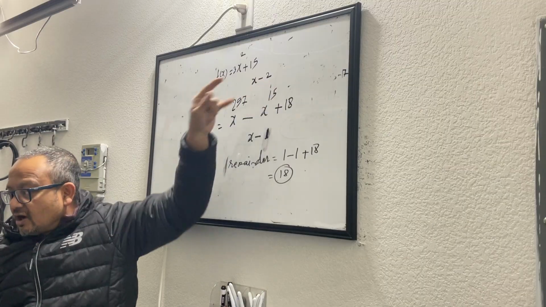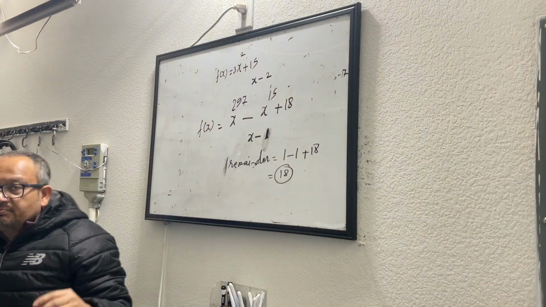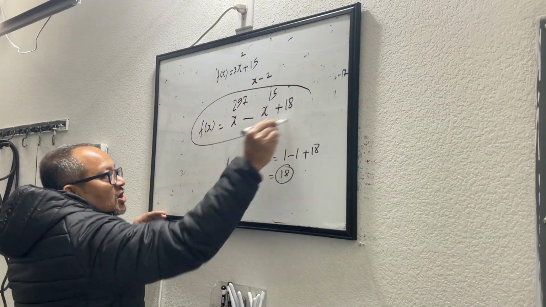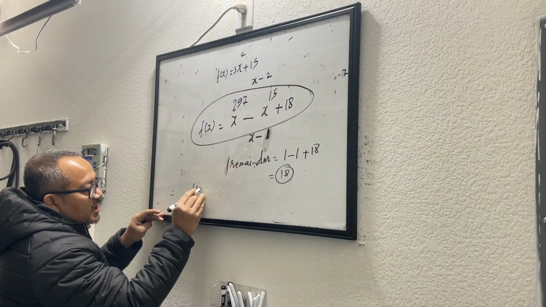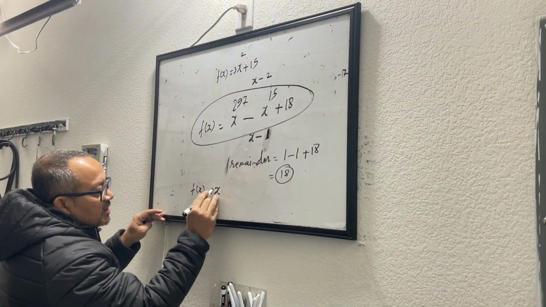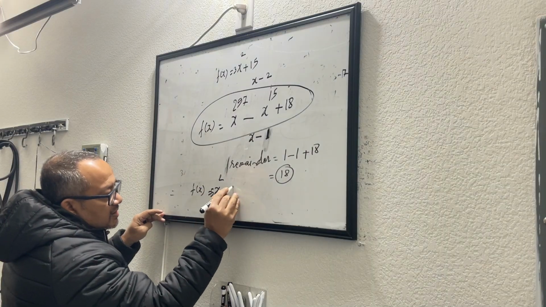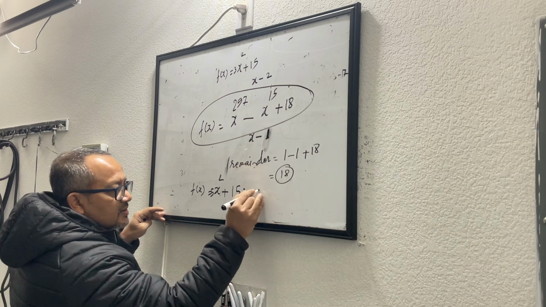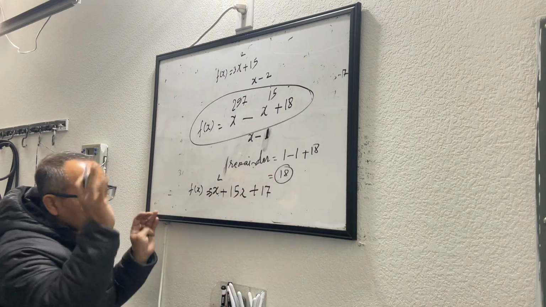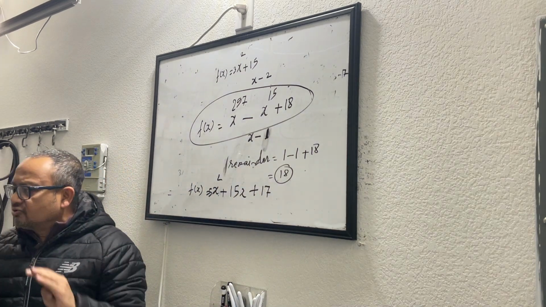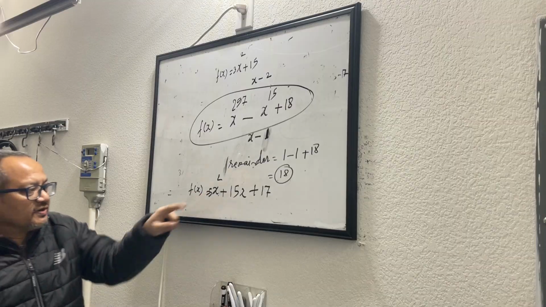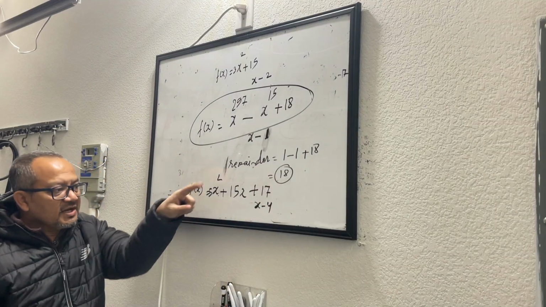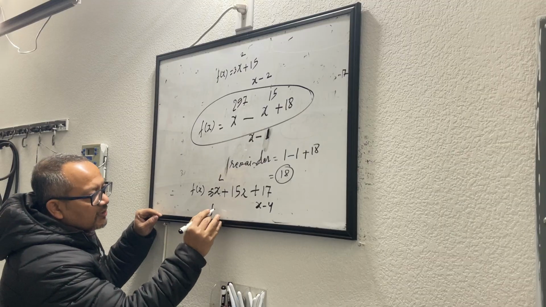Any polynomial, see how wide this range could be. You can apply it to this polynomial, or any polynomial. Randomly, you can assume any polynomial, and if you divide that by, let's say, x minus 4, the remainder would be equal to f of 4.